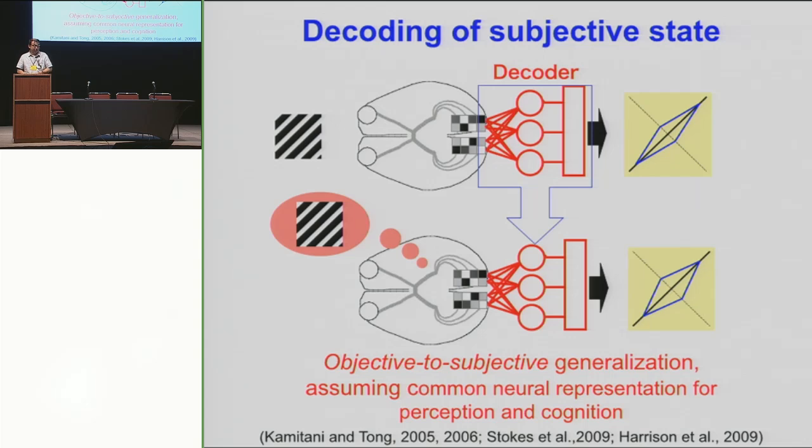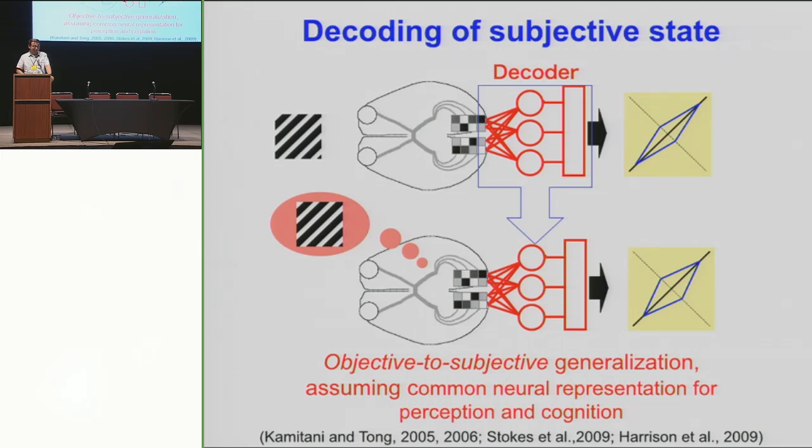For instance, you train the decoder as before, by just presenting stimuli, and then the same decoder is applied to a condition where the subject was imagining or paying attention to the stimulus. Okay, so just having that image in mind.